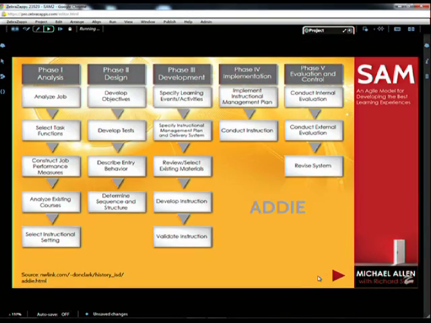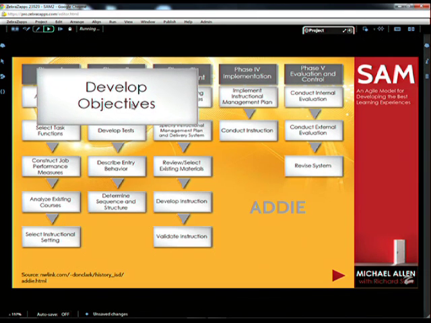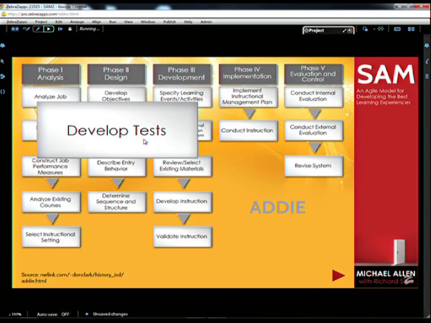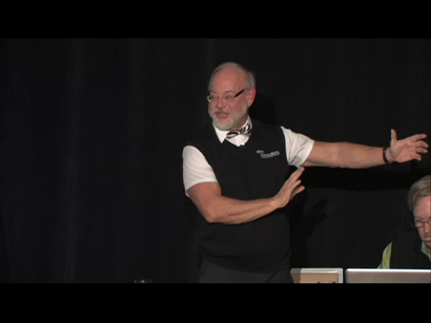So, if you look just like in the second phase there, where they go right from developing objectives to developing tests. This sort of implies right away that we're going to do tell and test in a way, because we have the separate group over here creating the test. We're doing it in secret because we don't want to bias, we don't want to be testing what you actually teach, so we're doing it over here, and then you develop the instruction.